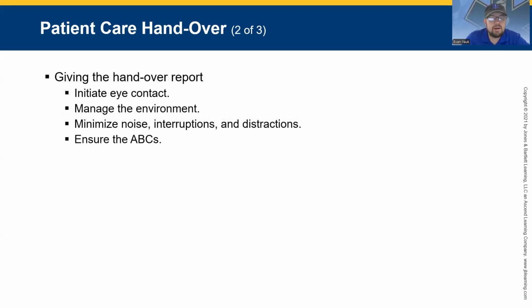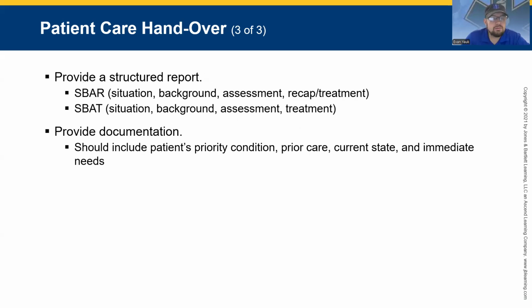Give a handover report, initiate eye contact, manage the environment, minimize noise, interruptions, and distractions, and ensure ABCs, which we haven't even got to yet. ABCs is airway, breathing, circulation. Provide a structured report. C-bar, situation, background, assessment, recap, treatment.